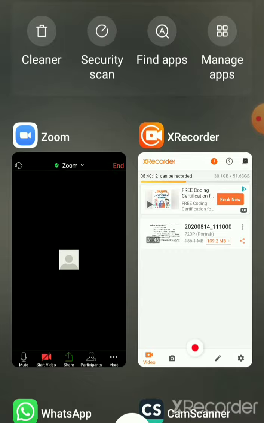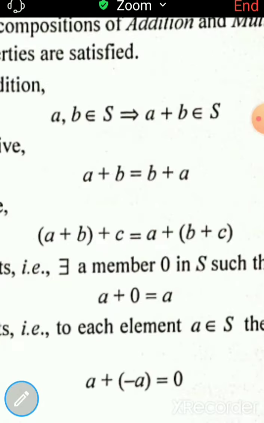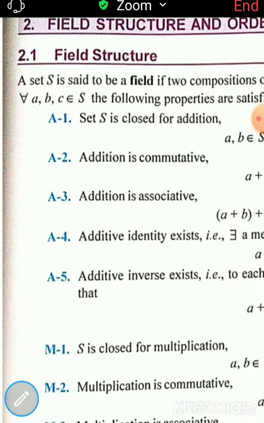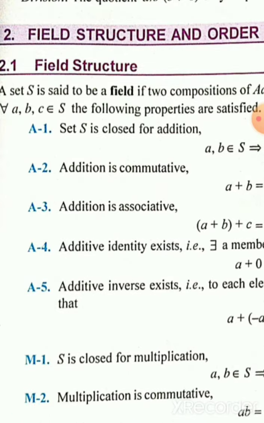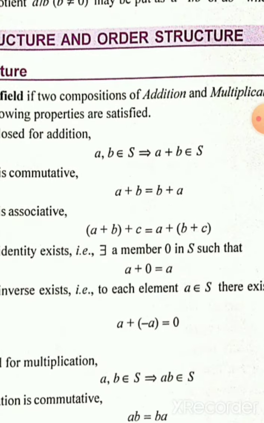Now come on to A4. What is the property number A4? Additive identity exists. What is meant by identity? Identity means there is no effect of that element on another element after operating it with that operation.